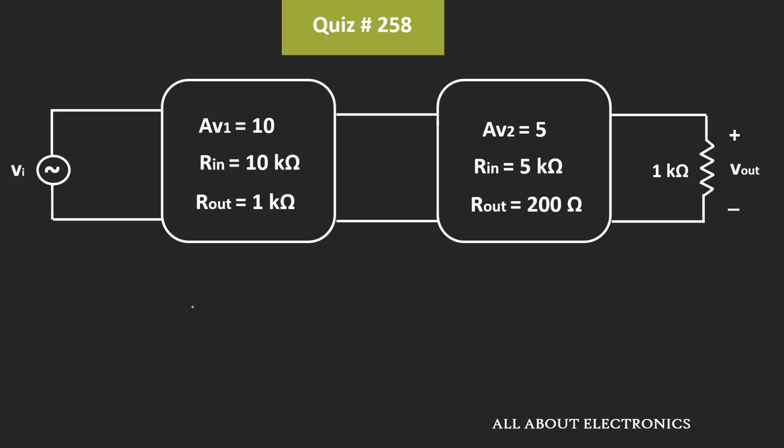So for the first amplifier, the input impedance of this second amplifier will act as a load.